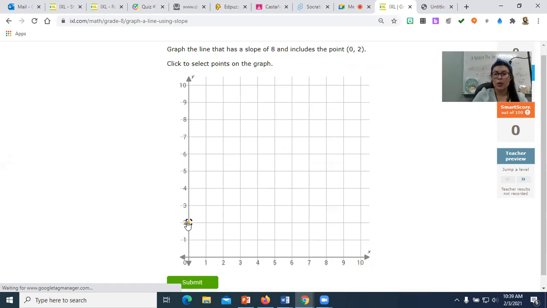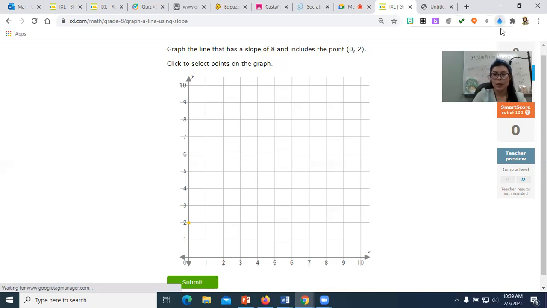Now I need to figure out, it tells me in the problem that my slope is 8. I need to write that slope as a fraction. How do I write 8, a whole number, as a fraction? I write 8 as a fraction by doing 8 over 1.